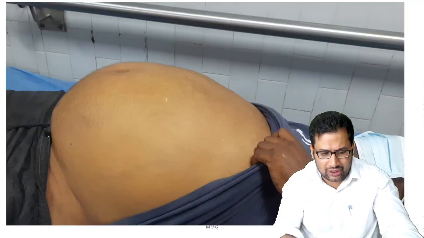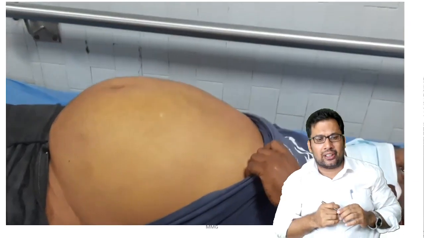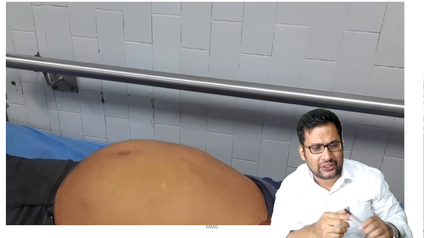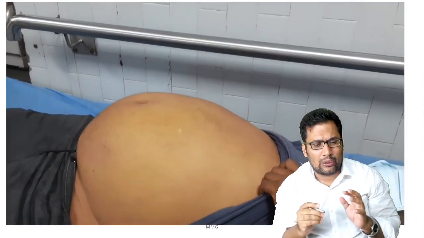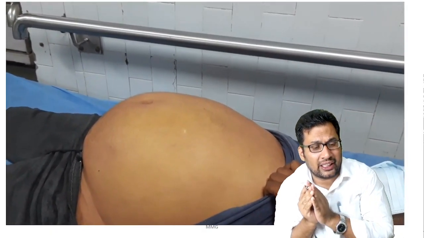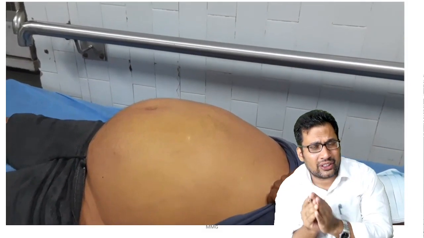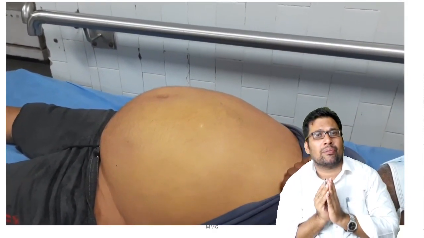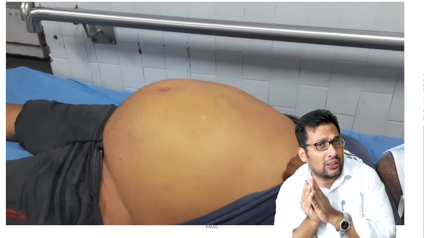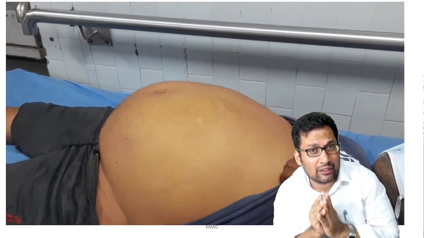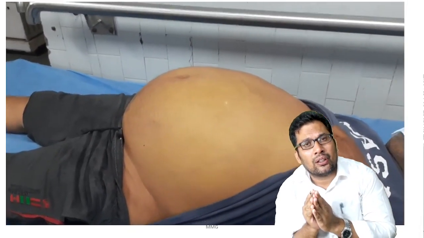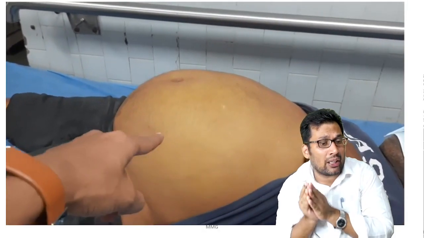Look at this patient. This patient is having ascites, and also pitting edema. This patient is suffering from alcoholic liver disease. Because of alcoholic liver disease, there is a fatty liver, then cirrhosis of the liver, hepatic failure.